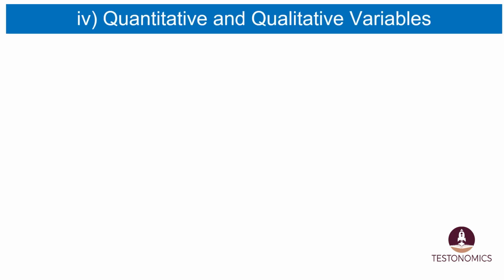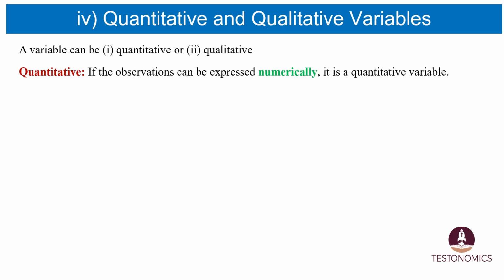Now, recall in the previous example, we had both qualitative data as well as quantitative data. So first, let's understand what they mean. Then you will be able to relate better that in the previous example, both these were present. A variable can be quantitative or qualitative. Quantitative means that if the observations can be expressed numerically, then it is a quantitative variable.